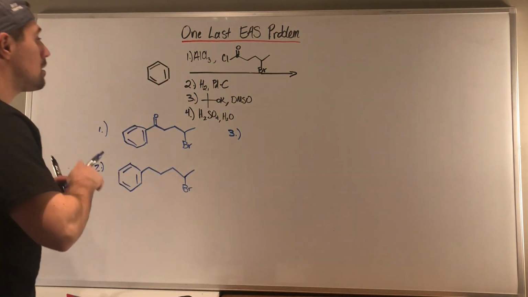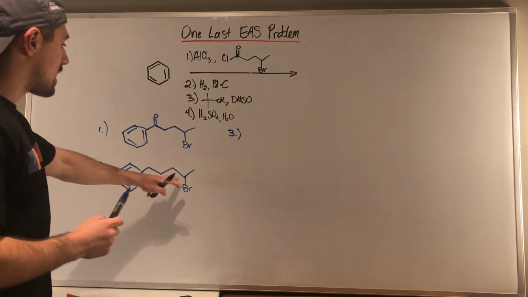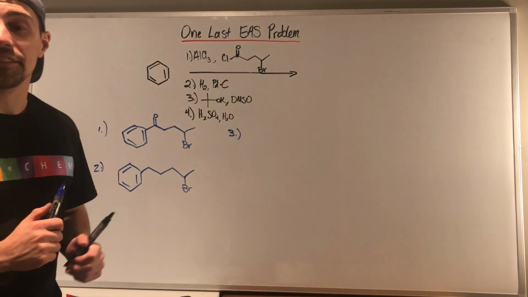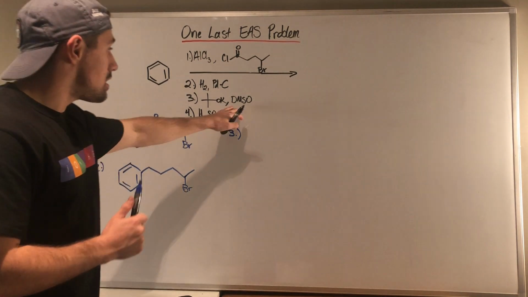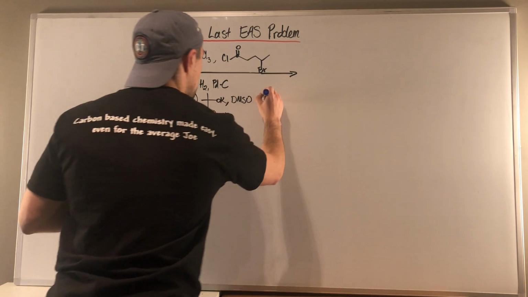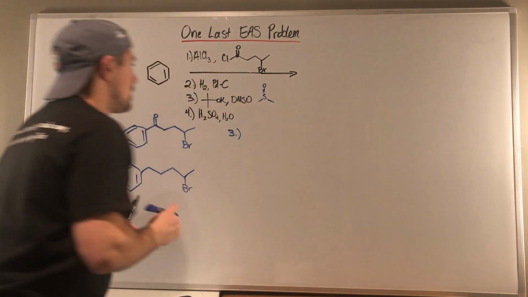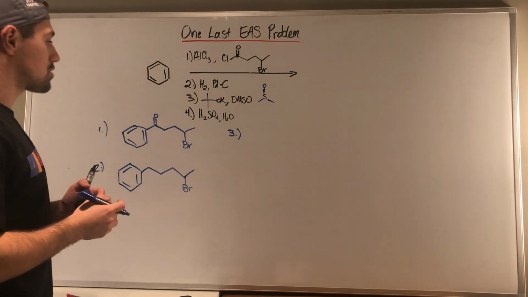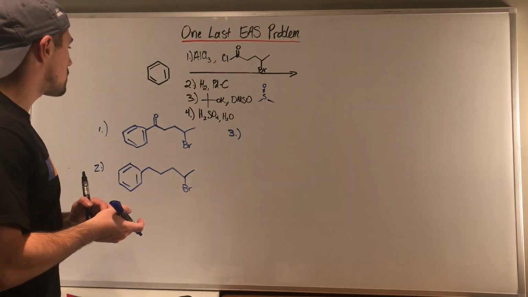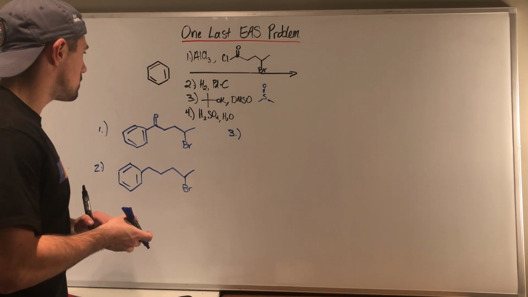So for step 3, okay, this is a little callback to OChem 1. We have a secondary carbon right here, and we see our good old friend potassium tert-butoxide, and a polar aprotic solvent, right? Because DMSO looks like this, with the sulfur.